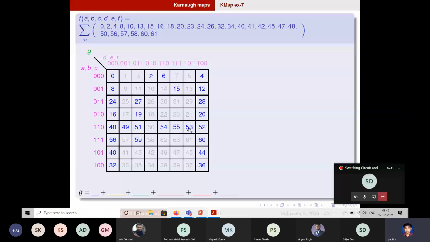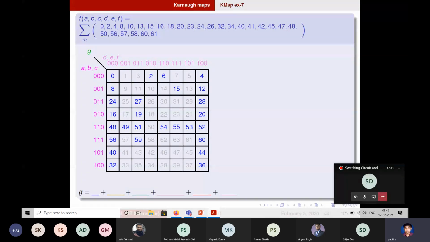So you have the usual rule. You can wrap around the horizontal axis, you can wrap around the vertical axis, because now there are 6 variables. Earlier, the largest cube that you could form consisted of 8 cells, but now you can have 16 cell cubes also.